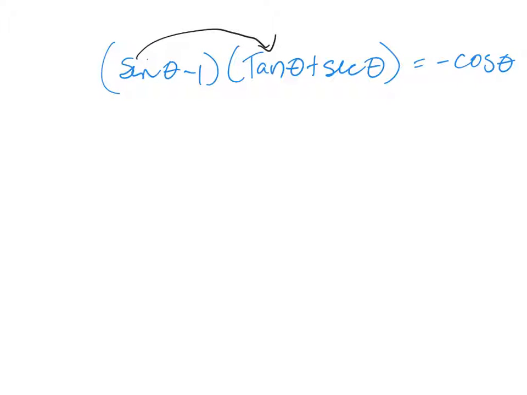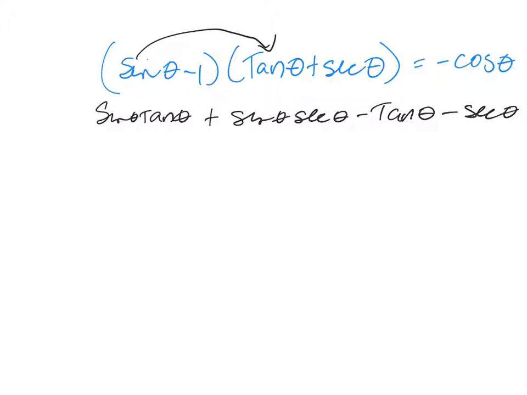So let's do this. This is going to be sine of theta tangent of theta plus sine of theta secant of theta minus tangent of theta minus secant of theta. Let's see what happens here. With sine and tangent, we can change everything to cosine and sine.